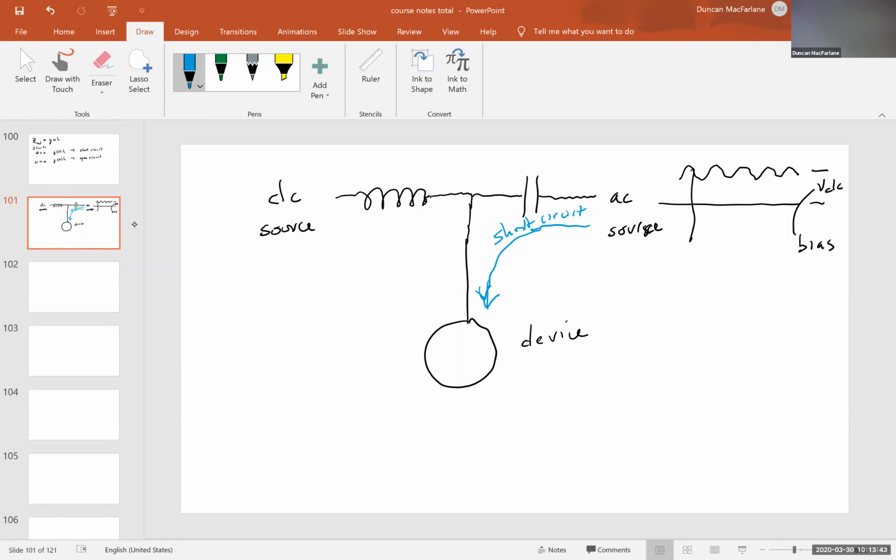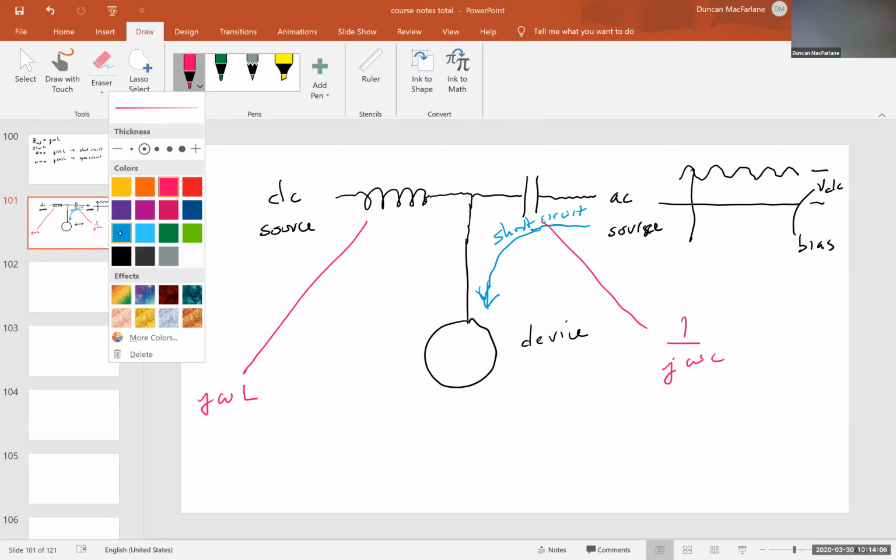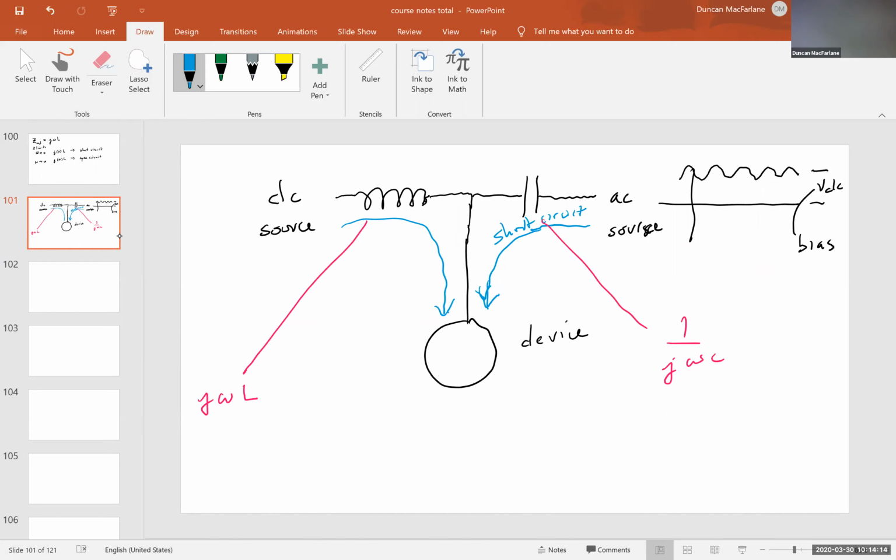And remember, j omega L for this guy here, the impedance of this guy here will be 0 for the DC. So the DC will happily flow into there. So far so good. I've gotten both my DC offset and my AC into the device.